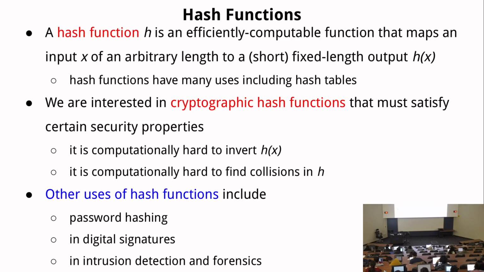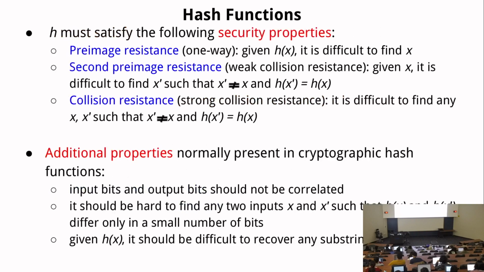There is a lot of study on that as well. For crypto hash functions, there are 3 properties we want the hash functions to have. The first one is obviously the one-way property, which we call pre-image resistance. Given a hash value, it's difficult, or impossible, to find the original message.